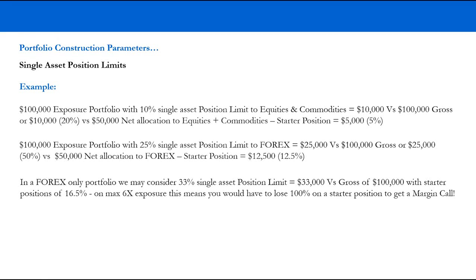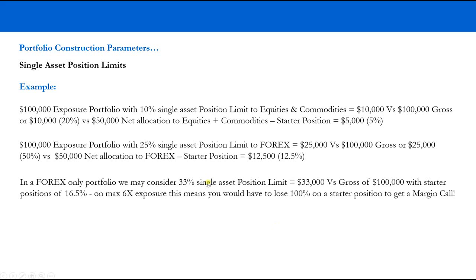Now, we can also consider a Forex only portfolio. Here we've considered a combined portfolio of equities and commodities and Forex, and our allocation was 50% to equities and commodities, and 50% to Forex. But we can also consider a Forex only portfolio and consider a single asset position limit on any one currency pair when we look to take that position.